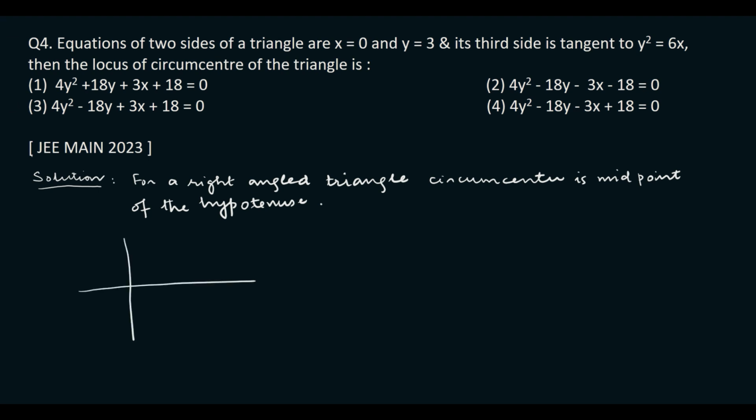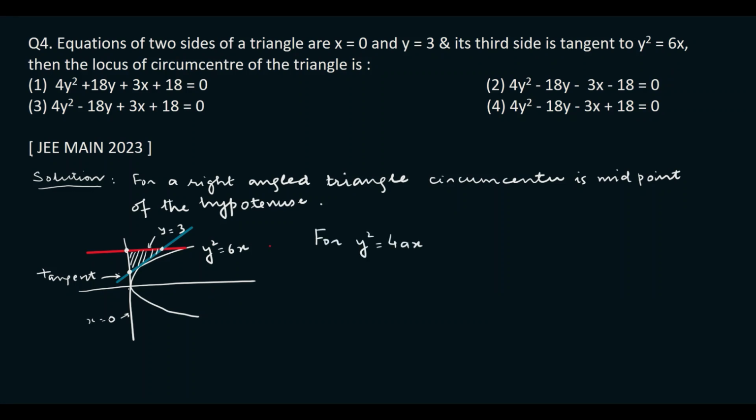Looking at the sketch, you can see this is the parabola, which is y square equal to 6x, and this is the line y equals 3, a horizontal line. X equal to 0 is the y axis, and the tangent you can see through this green line. The shaded area represents the triangle formed by these three.